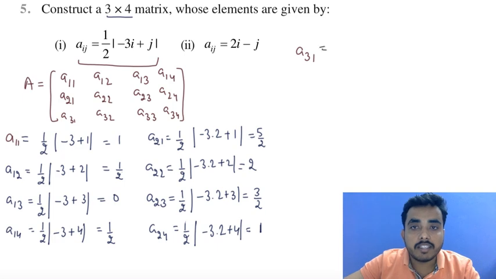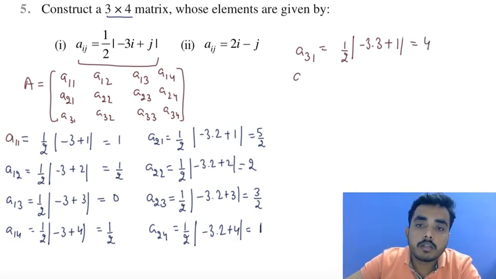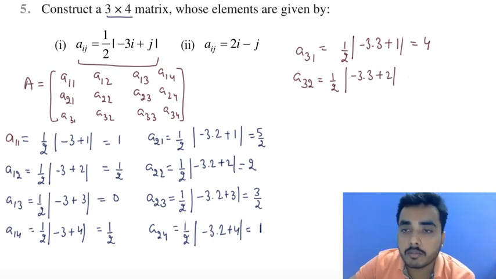Now let's find out third row elements. A31 will be 1 by 2 minus 3 into 3 plus 1. Minus 9 plus 1 is minus 8, after modulus plus 8. Plus 8 by 2 is 4. A32 is 1 by 2 minus 3 into 3 plus 2. So this is minus 7 by 2.